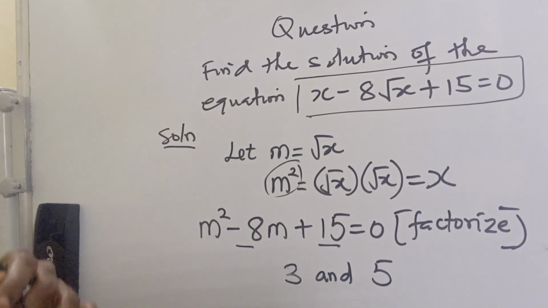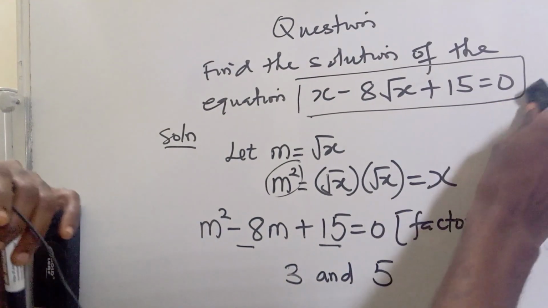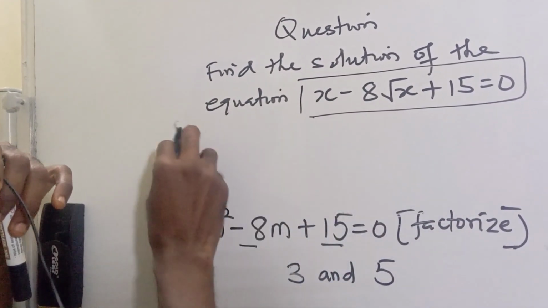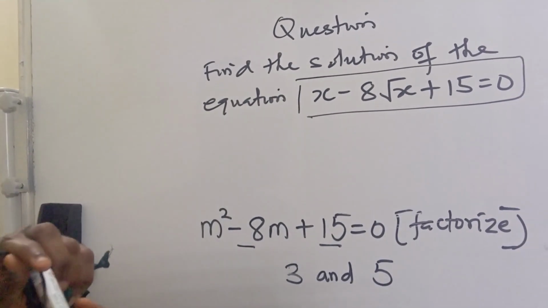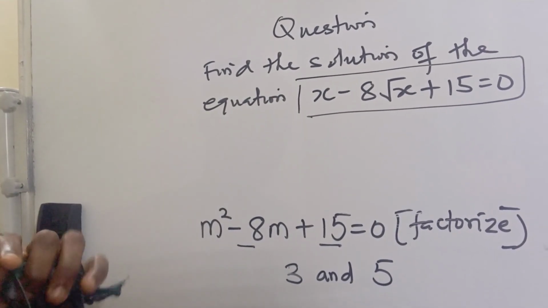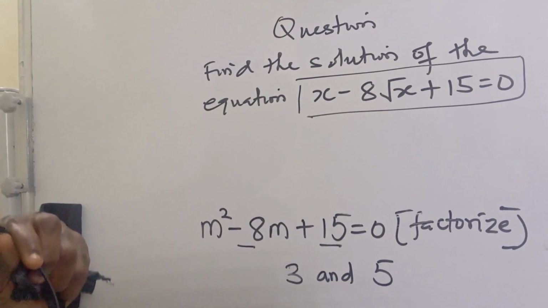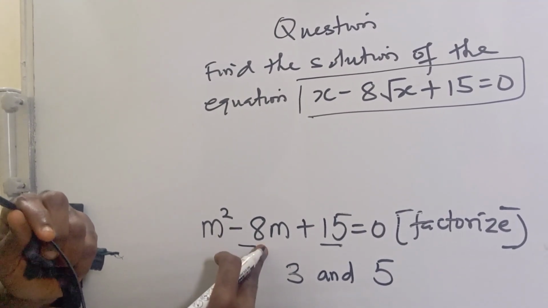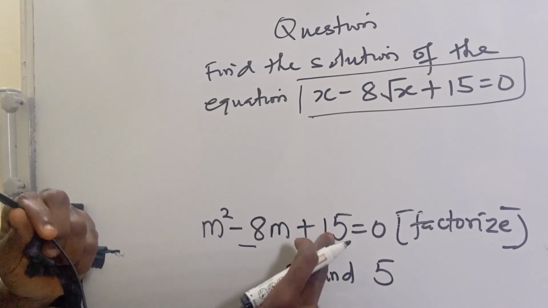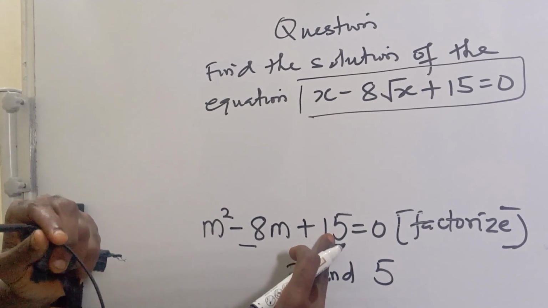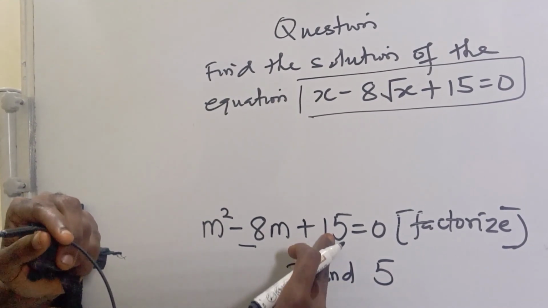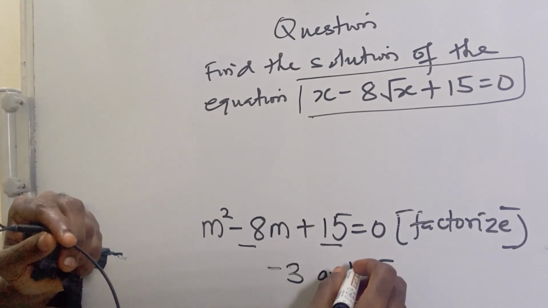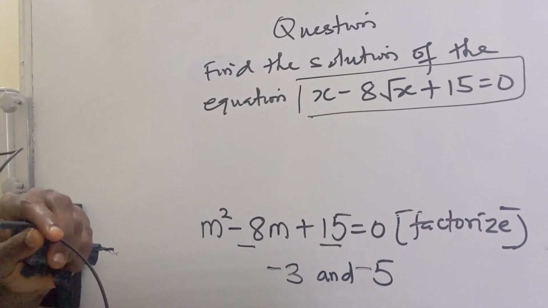Now let's quickly check the signs to put. For the signs, what can add to give us minus 8 and multiply to give us plus 15 is when we have negative 3 and negative 5.